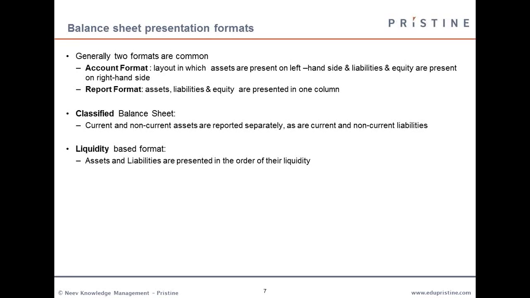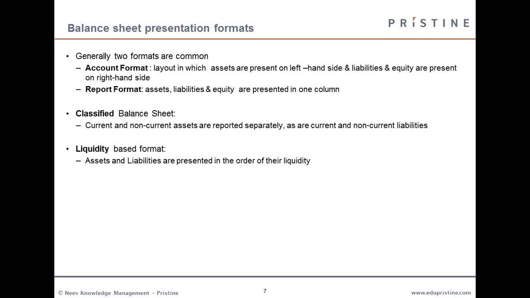The order in which the assets and liabilities are presented classifies the balance sheet into two types. In a classified balance sheet, the current and non-current assets are reported separately, and the current and non-current liabilities are reported separately. All the current assets are grouped together and reported separately. In the liquidity-based format, there is no grouping as in the earlier case.